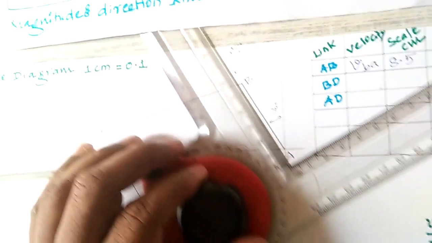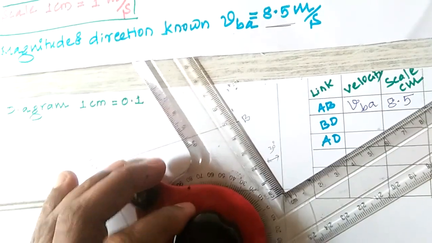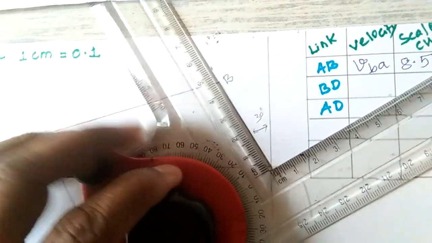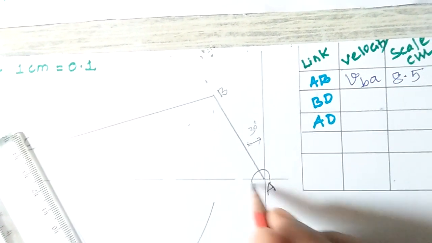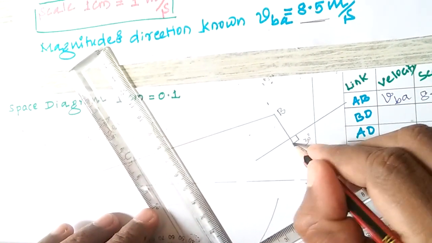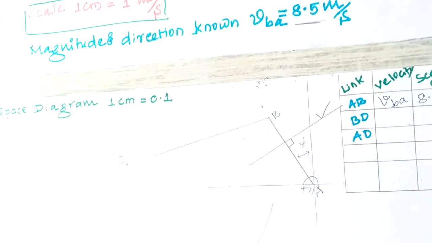Then you have to draw it. How to draw it? You have to draw the perpendicular velocity. I will go to the velocity of B with respect to A. You have to make some alignment here, alignment with AB, that is the link, and you have to draw the perpendicular here.